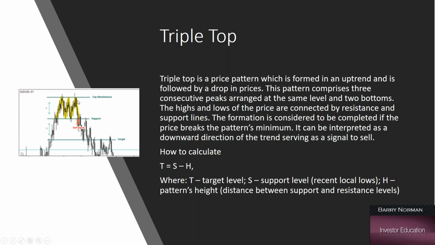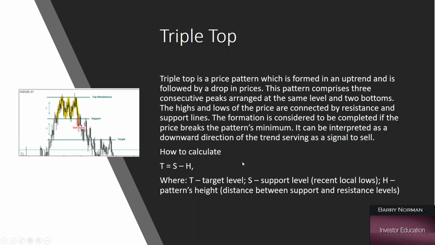So the bulls and the bears were fighting back and forth, back and forth. At some point, either the bulls or the bears could win. Okay. Now, when the price breaks out down below the support line, the bears have taken dominance in the market.